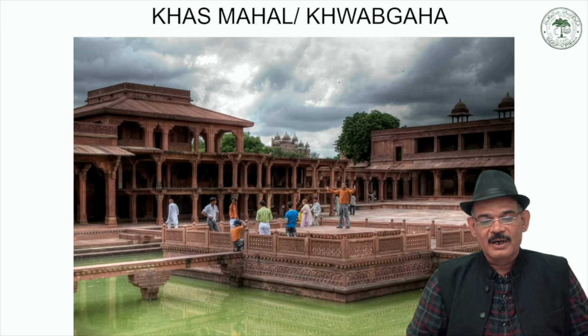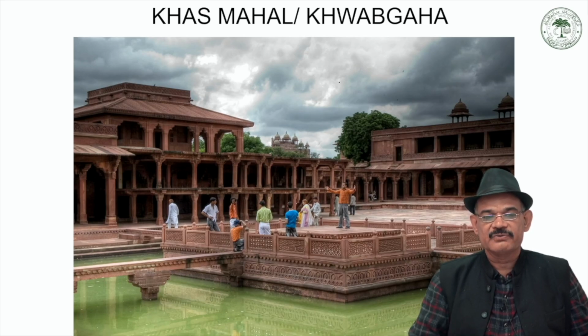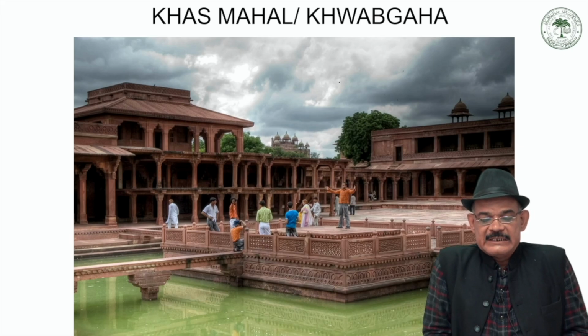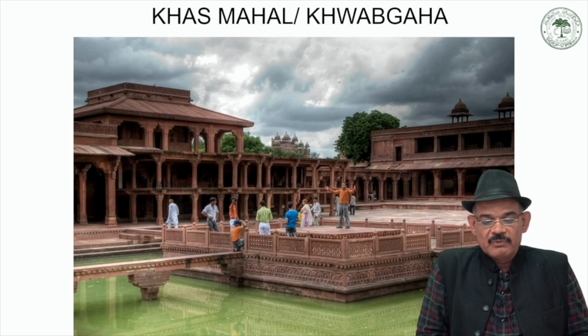And now the Khwabga. It is existing on the southern side of this courtyard. I have already discussed this Padam Talab. On the southern side of Padam Talab, this Khwabga exists. Khwabga is composed of a number of chambers, especially two chambers, and it is a cluster of chambers and cloisters.